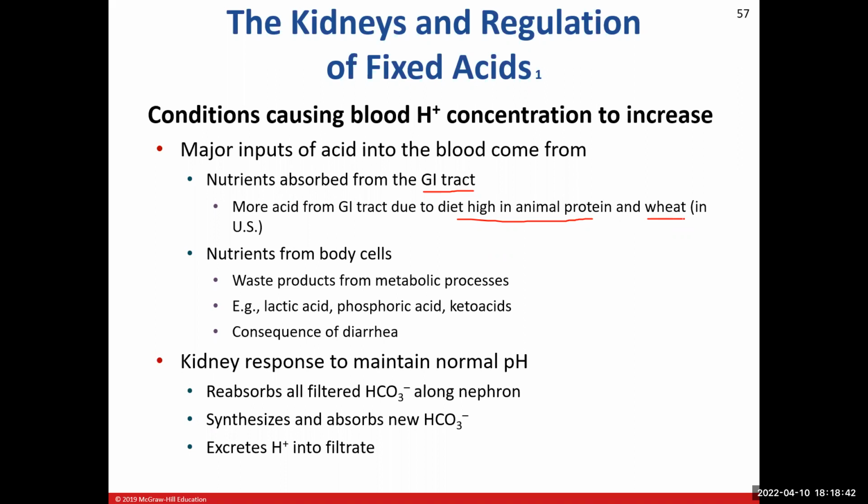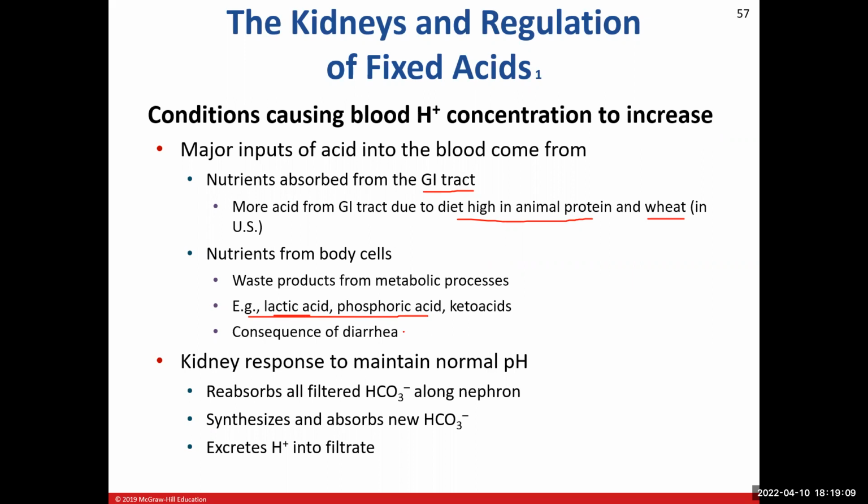Also, normal metabolic processes that occur within the cells of our body produce byproducts, waste products, for example lactic acid. We talked about that when we're exercising. Phosphoric acid, we'll see that when we are breaking down nucleic acids. Also, a consequence of getting sick.